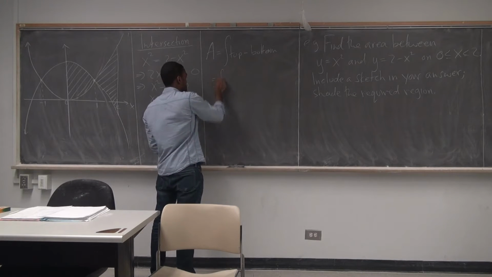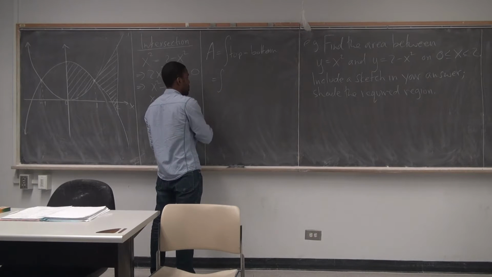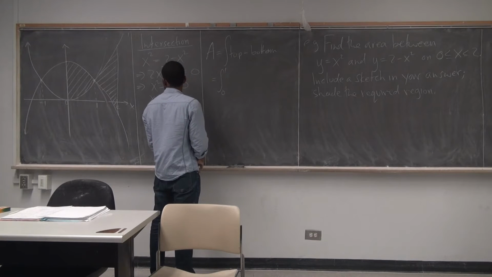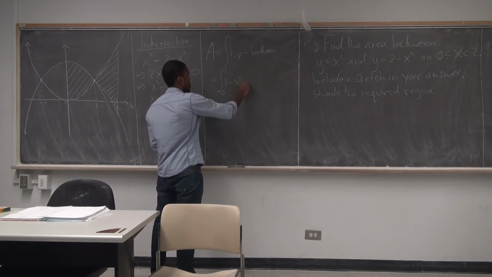Okay, so what do I do here? What's the first? From 0 to 1, and then what? Okay, but 0 to 1 of what? You put the top, the 2 minus x squared, minus x squared.